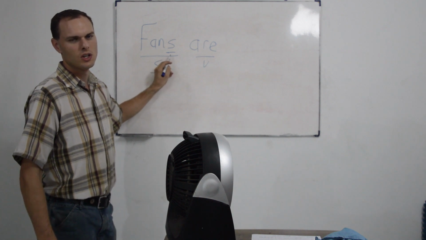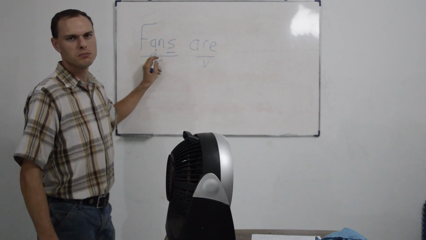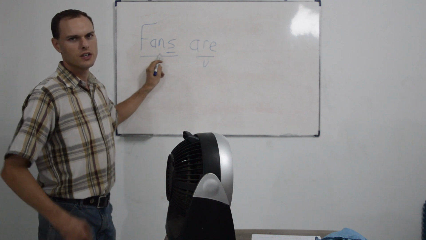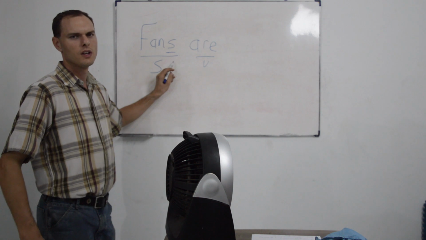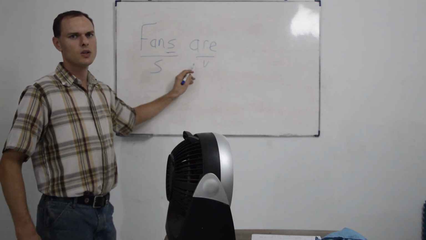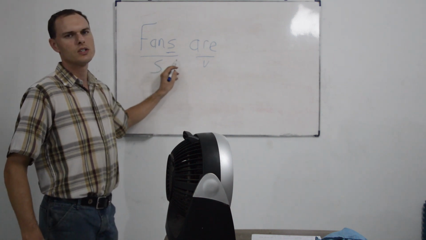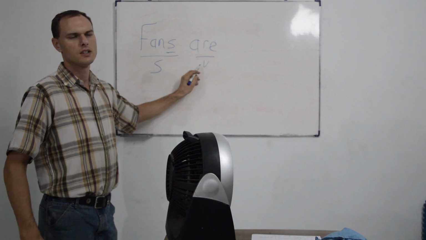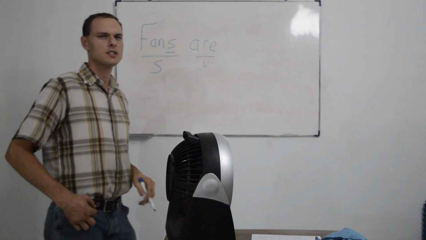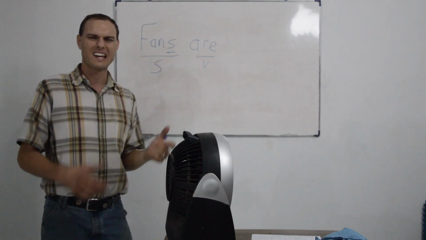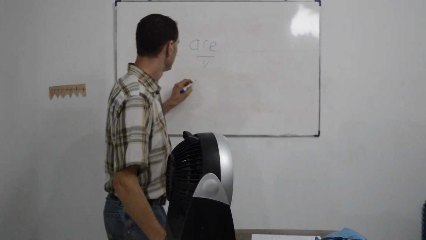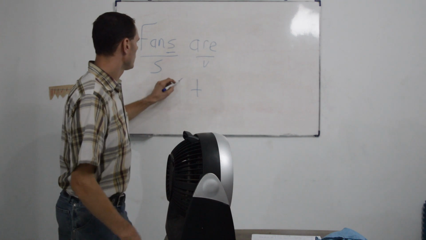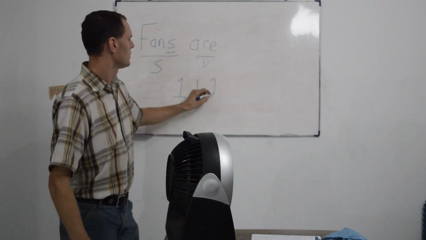Exceptions to the rule are when the subject is plural or singular. In other words, it looks singular but is plural. Then you will use is. Otherwise, plural always uses are. And there may be one other exception. For instance, if you say this, one plus one.